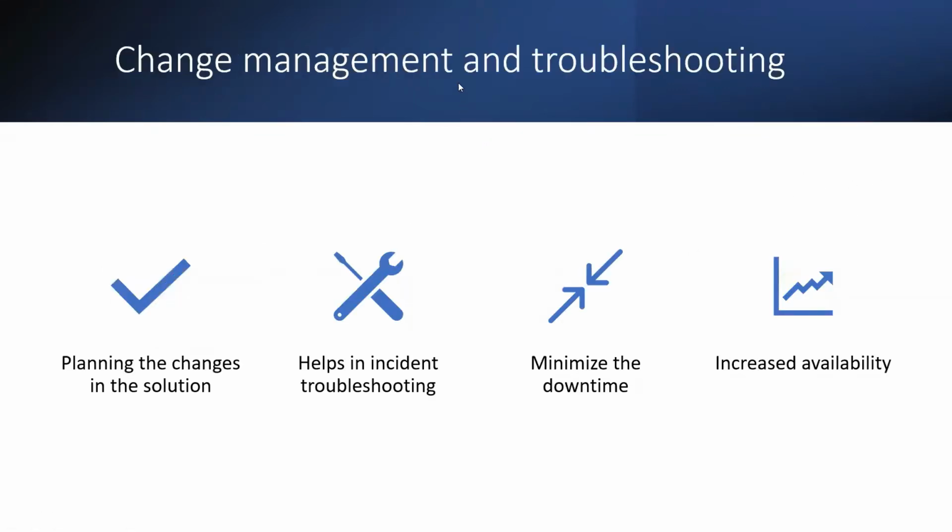And when we are planning some change, or troubleshooting when there is some problem in the network or any component of the solution, we can refer to these diagrams and all the information there, and accordingly plan the change: what components will be disturbed and what changes are required, so that after implementing the change we do not disrupt any service or create any problem with the existing service.